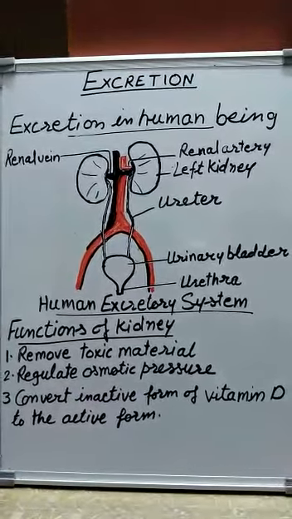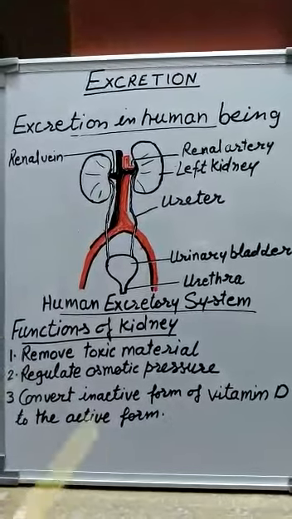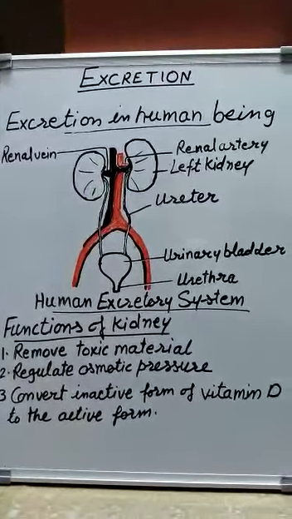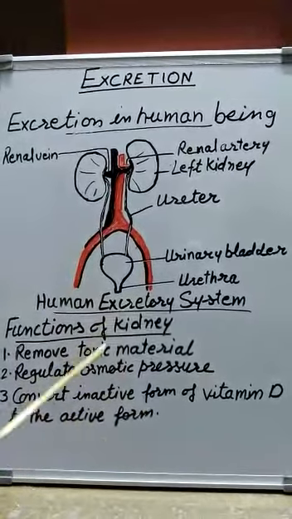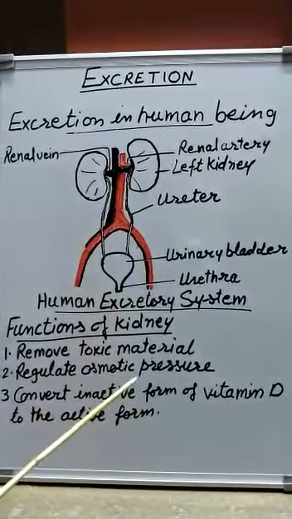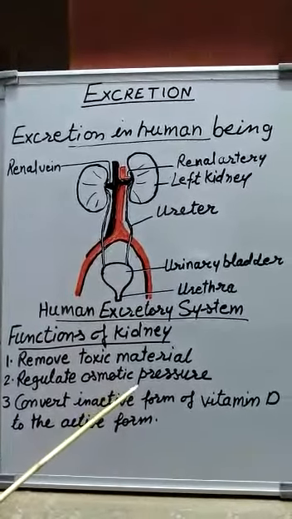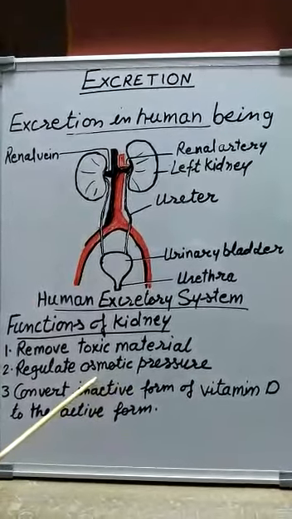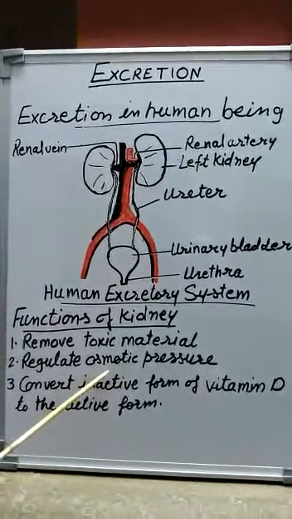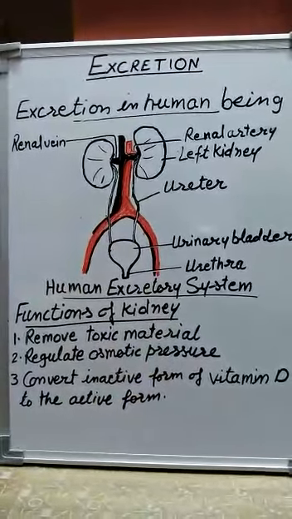Osmotic pressure or water balance is regulated by the kidneys. If more water is there in the blood, then it is excreted through the kidneys. As we know, if we drink more water, we urinate more. If we drink less water, we urinate less. So in that way, kidneys regulate osmotic pressure in the blood.